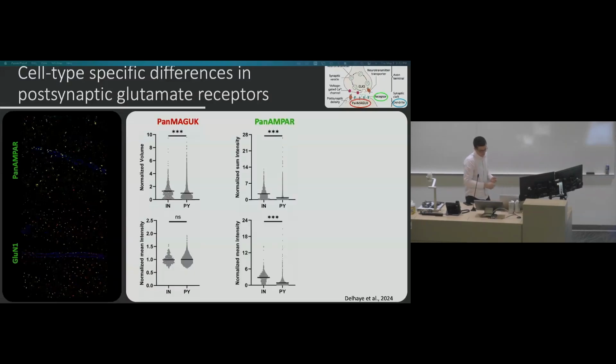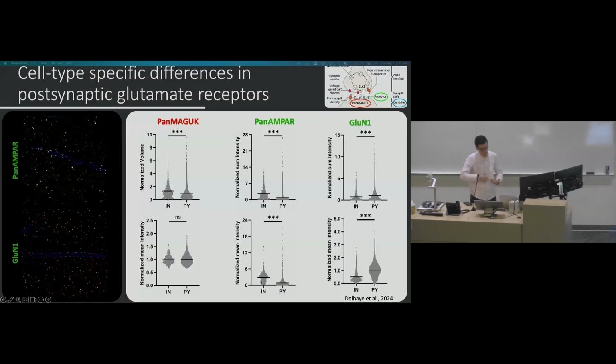Then looking at AMPA receptors, we observed quantitatively the difference that we were seeing qualitatively, with a higher sum intensity, so total amount of AMPA receptors, at synapses made on interneurons, as well as mean intensity, so density of AMPA receptors, in synapses made on interneurons. While the opposite trend was observed for NMDA receptors, especially for the mean intensity. The mean intensity looked way higher on synapses made on pyramidal neurons than synapses made on interneurons.